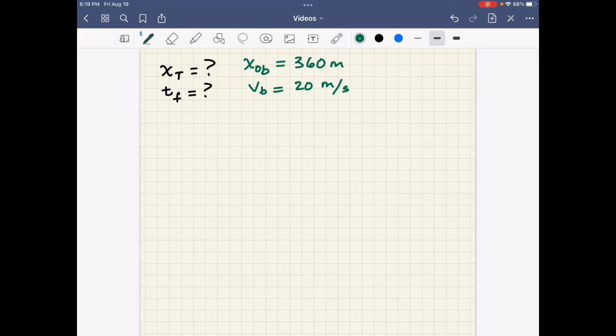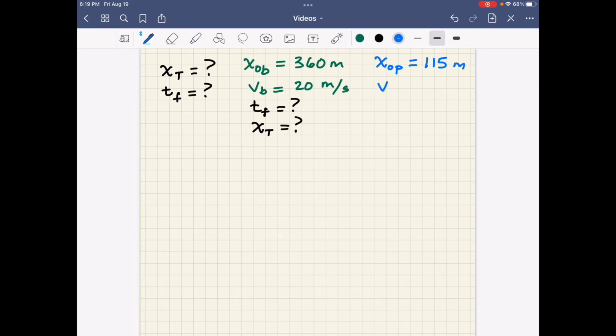That's all we have, right? We want to know the time final, which is the same for both, so I'll use black, time final. We don't know. And X, when he gets a ticket, we don't know. Black means it's the same for both. Now, for the police, his initial position, x naught P, I'll use P for police, equals 115 meters.